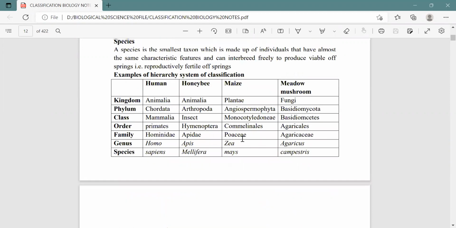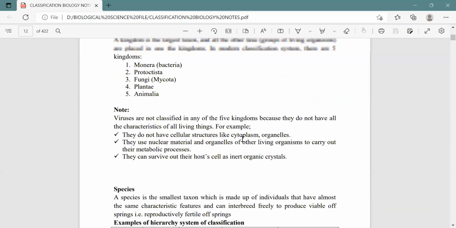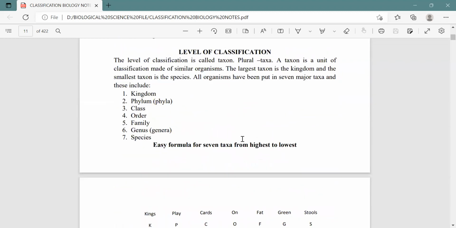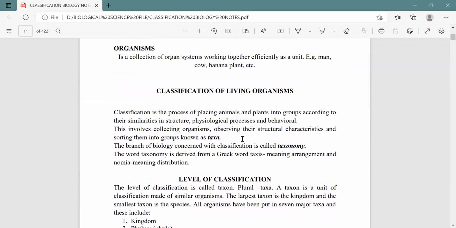Now, in the second, I would like to first of all begin by reviewing what we covered in the first video. In the first lesson, we talked about how living organisms are classified and the importance of classification.